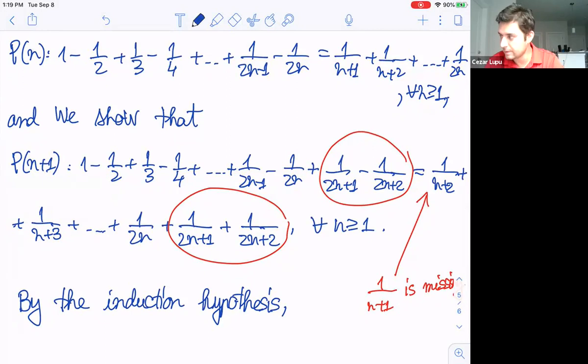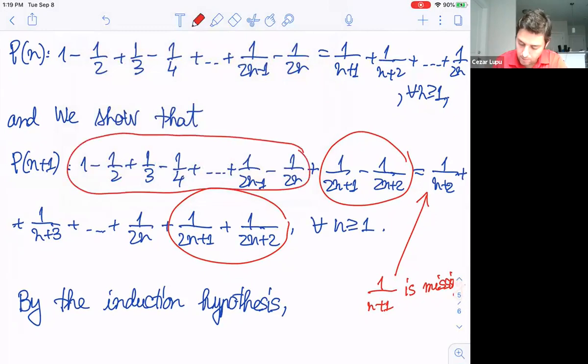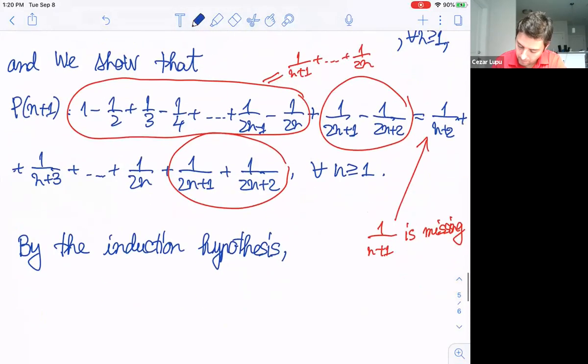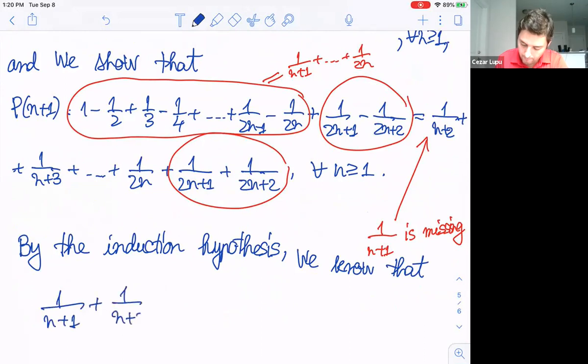We know that this guy, all the way here, is equal to this guy, right? So let's replace 1 over n plus 1 plus 1 over n plus 2 plus all the way to 1 over 2n.